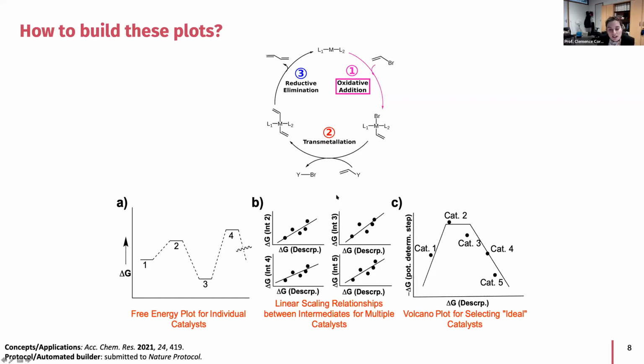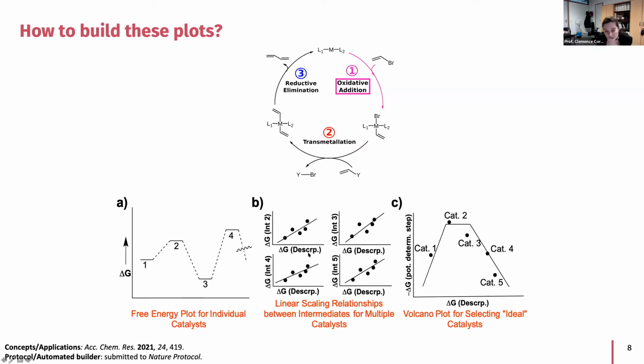And then we verify, at step B, if the delta G of each of these intermediates do correlate. And so far, and we have been building many of these plots, the correlation is always very strong. So if we observe a correlation, note that the scaling could be linear, but in principle, you could also have a different type of scaling.